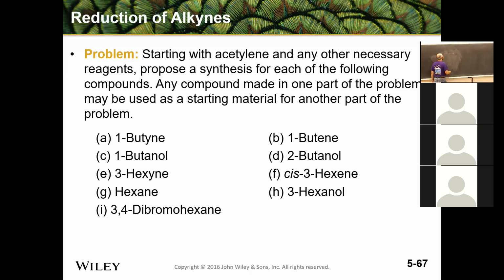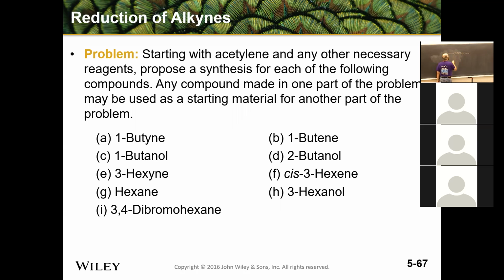This is acetylene. And to make 1-butyne, what we need to do, we can use NaNH2 in liquid ammonia.